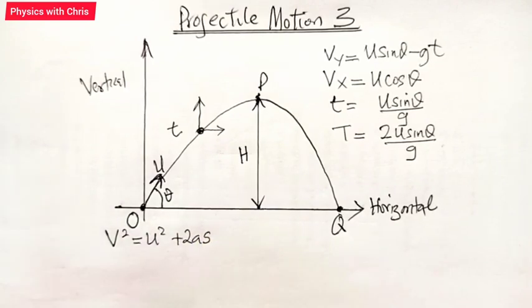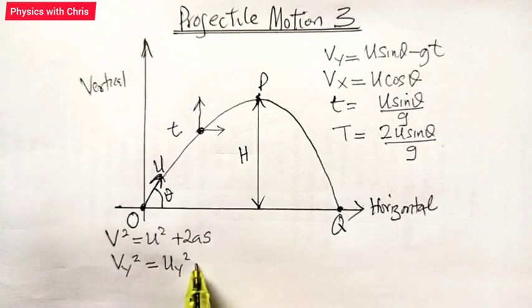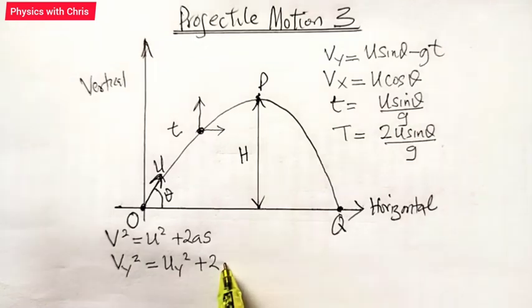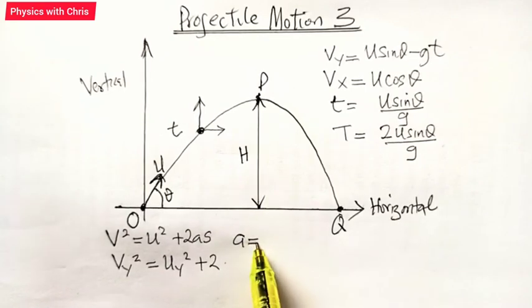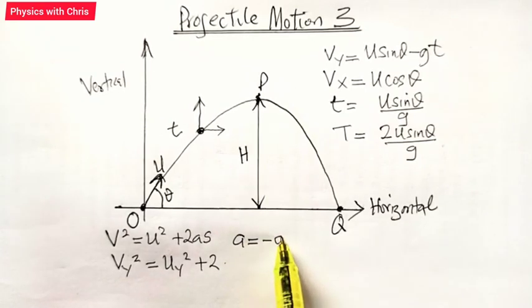Maximum height is a vertical parameter, and as a result, my v becomes Vy squared, my u becomes Uy squared, plus 2 times as. But this time around, I'm going to use a, and I'm going to take my a as minus g.